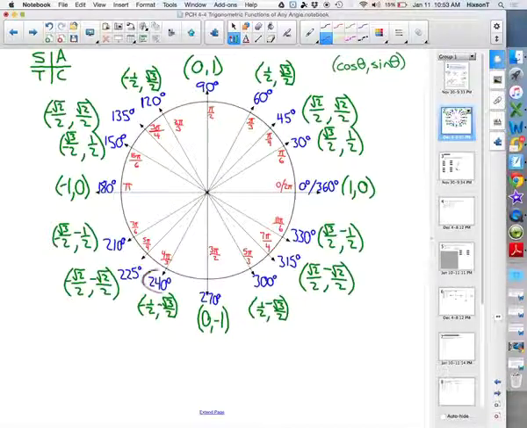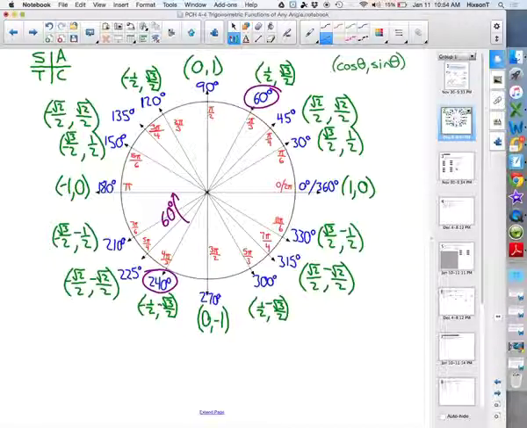Here's 240. So this angle right here is 60 degrees. So guess what? The cosine is negative 1/2. The sine is negative root 3 over 2. If you go over here to 60, the cosine was a positive 1/2 and the sine was a positive root 3 over 2.